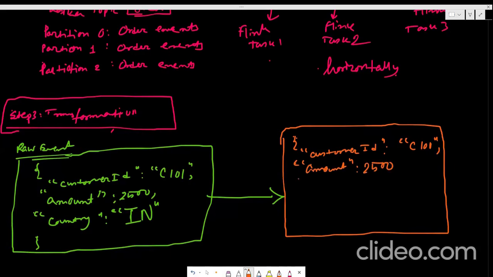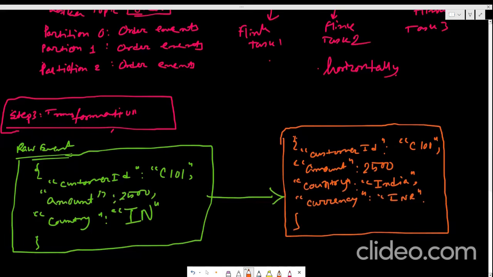Then we need to give the full name of the country, which is nothing but India. And now the currency also we need to give to the business. So the currency is INR. So that is our required data for the business.